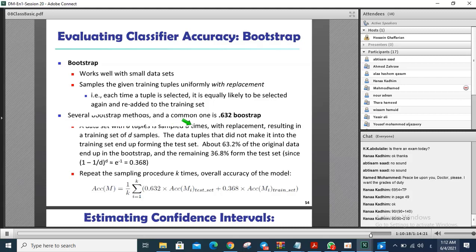In this algorithm, for a dataset with D tuples, we repeat the sampling process D times, and after sampling, replace the selected tuple in the dataset again.